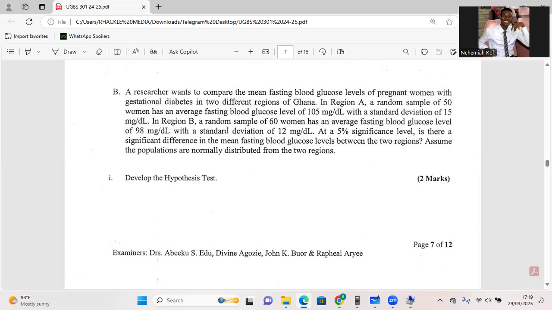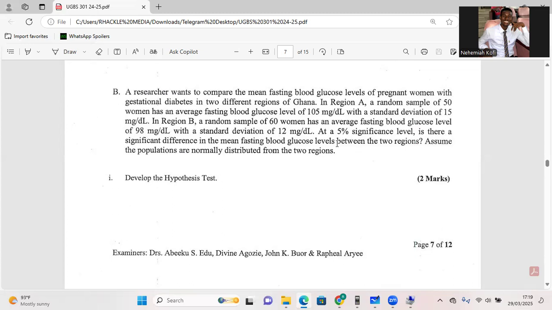And in region B, a random sample of 60 women has an average fasting blood glucose level of 95 mg with a standard deviation of 12. At a 5% significance level, is there a significant difference in the mean fasting blood glucose level between the two regions? Assume the populations are normally distributed.